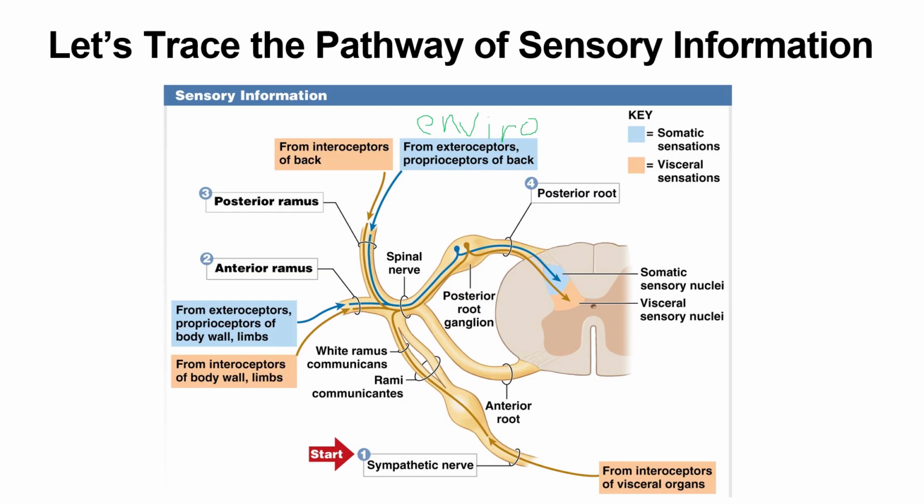When they are traveling up the posterior root, you will see this little bump right through here. This little bump indicates that there is a synapse happening. The synapse, of course, like we've discussed in our previous chapters, is where the axon terminals of the nerves delivering the information synapse with the cell bodies of the receiving neuron.